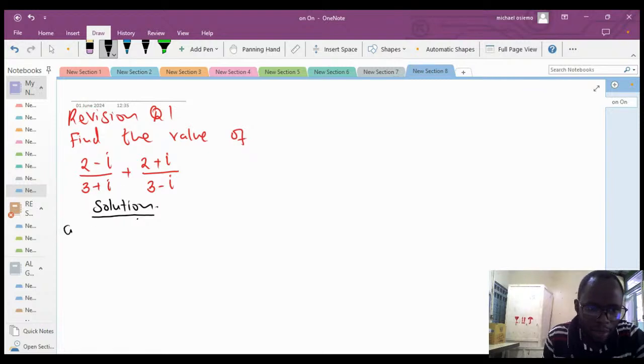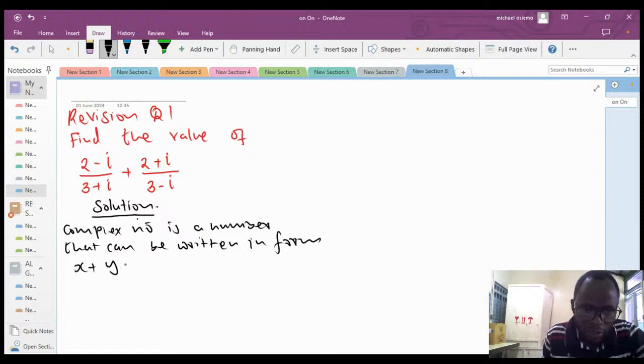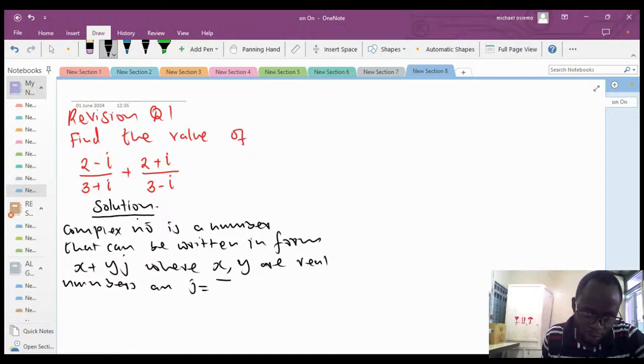Remember, a complex number is a number that can be written in the form of x plus y j, where x and y are real numbers, and j is equal to the square root of -1.